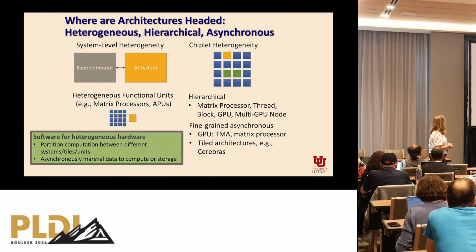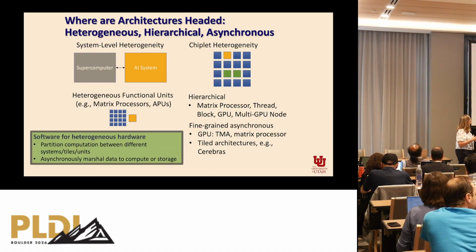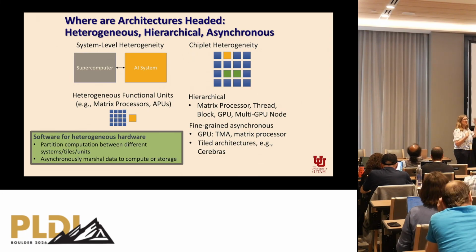And so we can have heterogeneity at very coarse grain and very fine grain. We can have an AI supercomputing system coupled with an AI system at the very coarse grain, or a supercomputer coupled with a quantum computer or something.